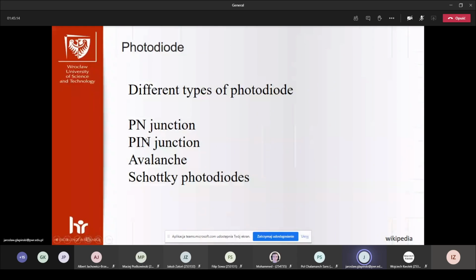Generally we've got four types of photodiodes: the simple PN junction, the PIN junction, avalanche, and Schottky diodes. We talked about them as typical rectifier diodes, but we can also use them as a photodiode.